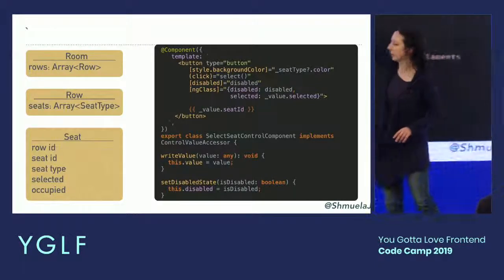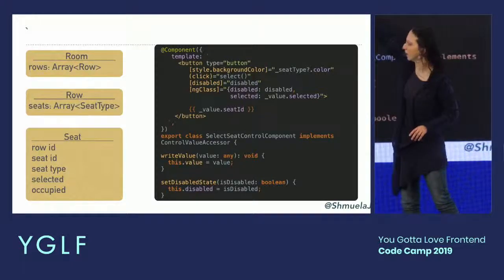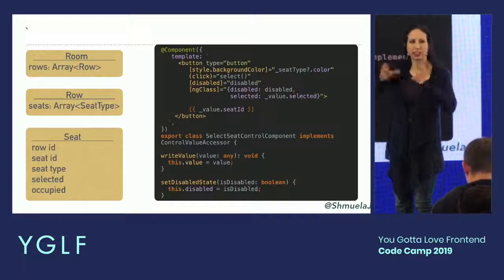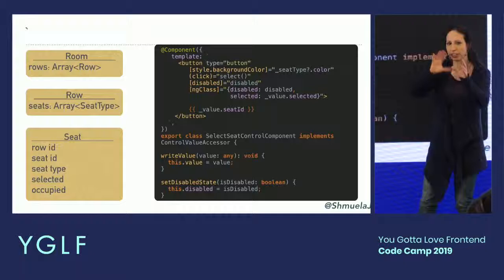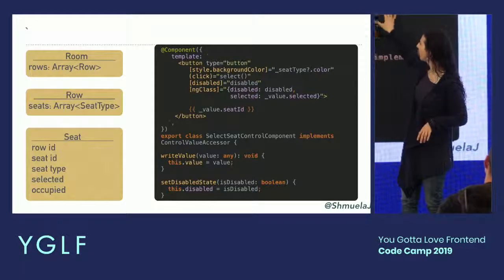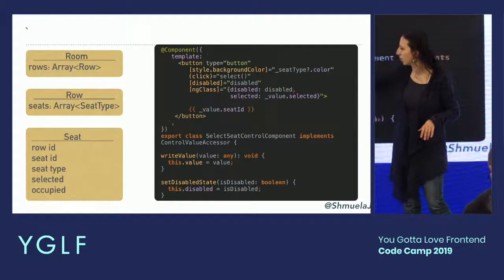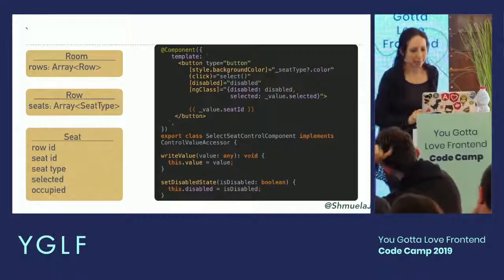The seat itself is actually a button, and it has a disabled property, and we also change the class. We add the class of disabled to change the CSS, and the same thing with selected, because when you select, then that's actually the value that we're getting.